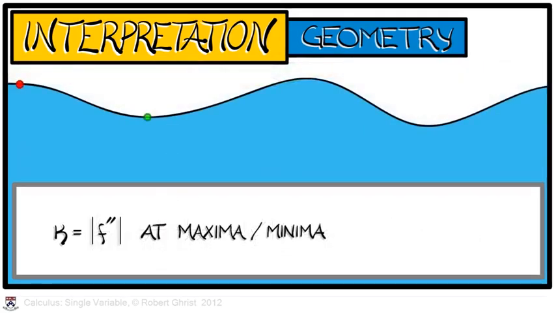You could work out what those are. There are a few other things that we see from this formula, namely that the curvature is exactly equal to the second derivative at the maxima or the minima of a curve where f prime equals 0. That's probably something that you want to remember. Curvature is really just the second derivative when you're talking about a max or a min.